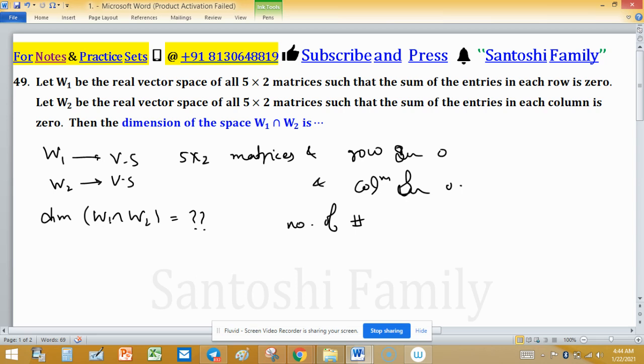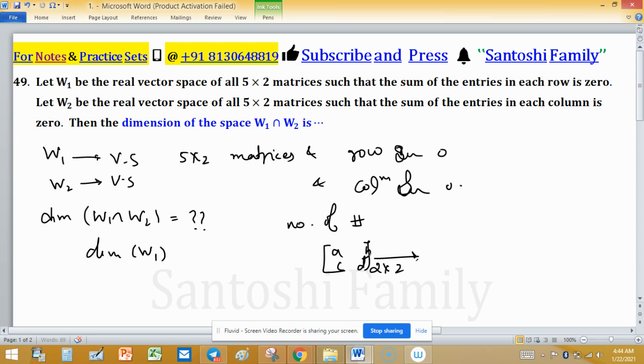So one method is to find the dimension of W1 and W2, and their sum, and apply this formula. Normally A, B, C, D is the format of 2 by 2 matrices, then its basis is: make the first entry 1 and others 0.